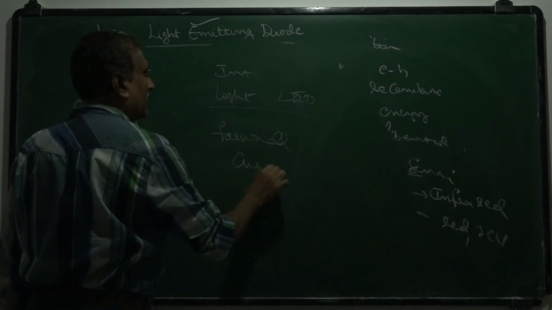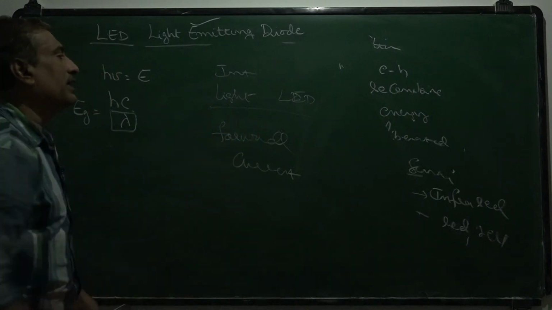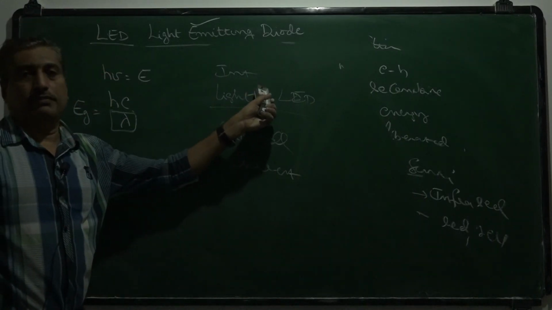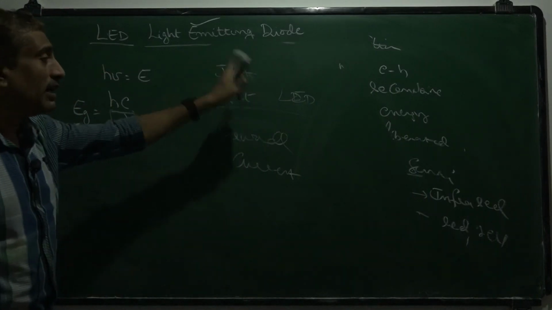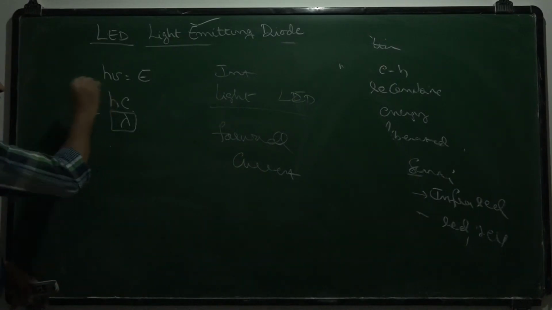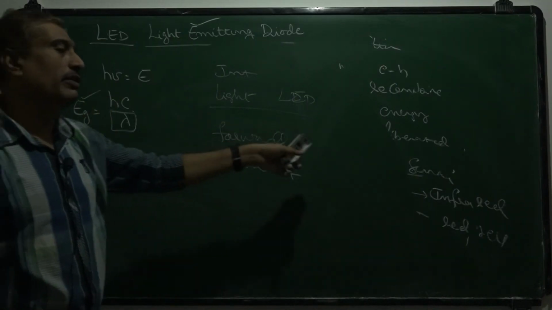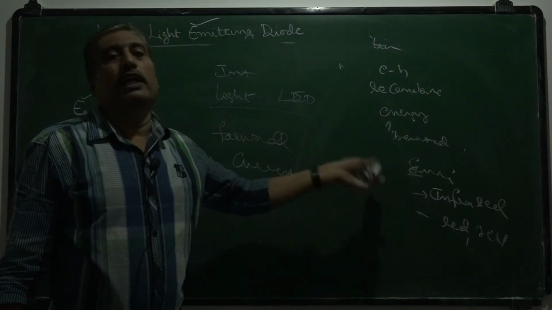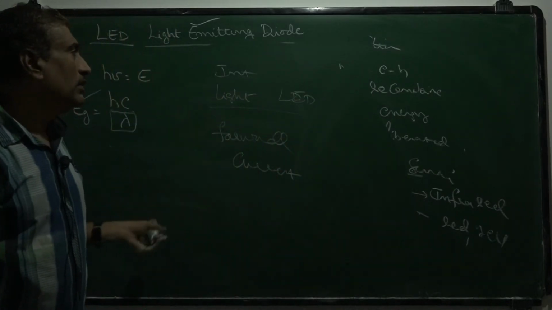If we increase the forward current, more intense light will be emitted. Okay. So the color of the light depends upon the forbidden energy gap of the material we have used in the manufacture of the LED. Okay. Now this is about LED.